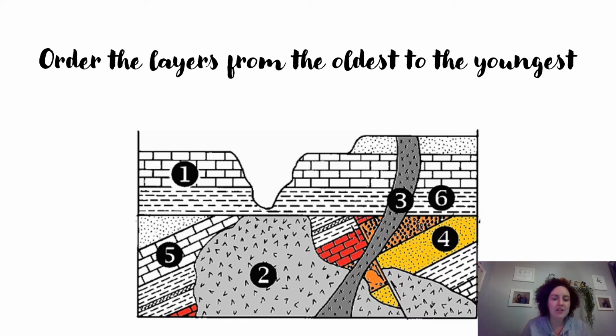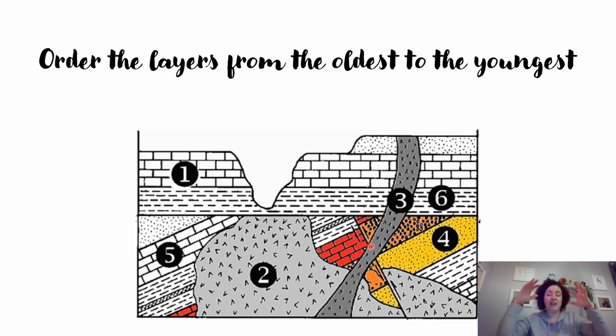So what has happened is we have an angular unconformity, we have a nonconformity, and then cross-cutting relationships, all that kind of fun jazz. What I like to do is imagine that this is all at an angle, tilted to where it is right side up.